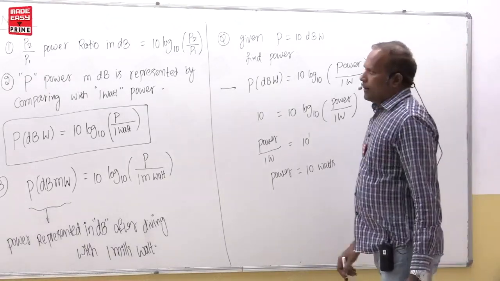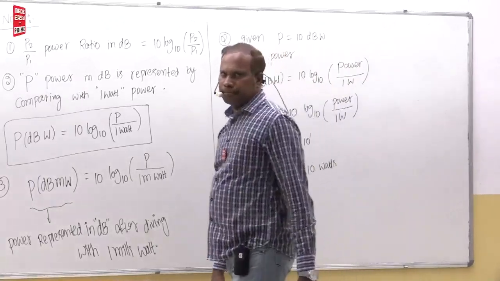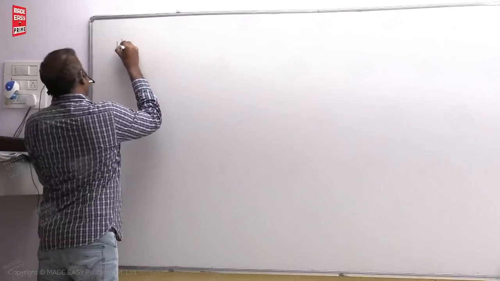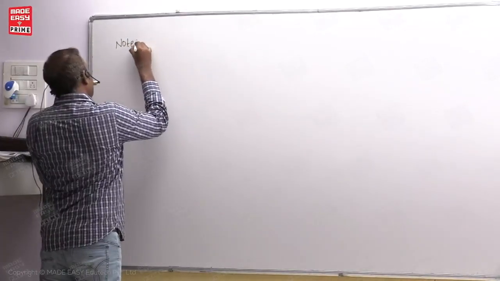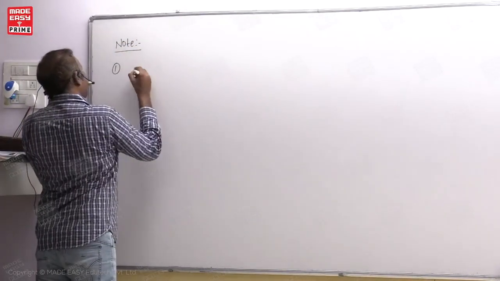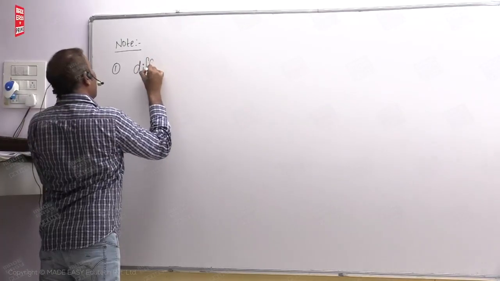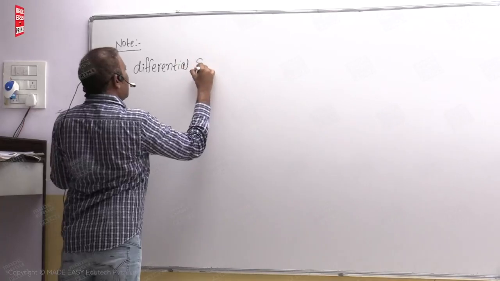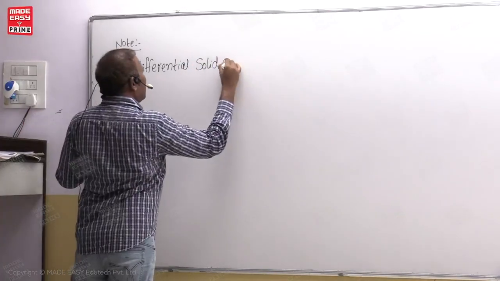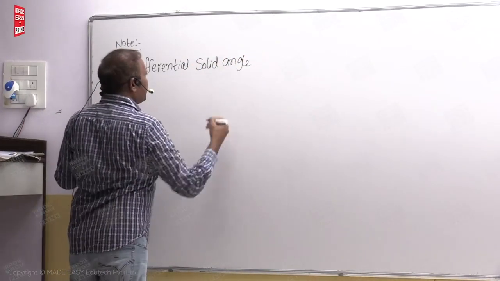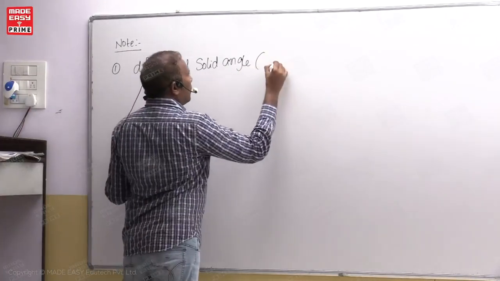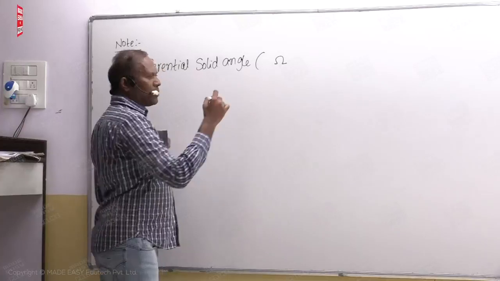Okay, so students, you see here differential solid angle. The symbol omega is used here.